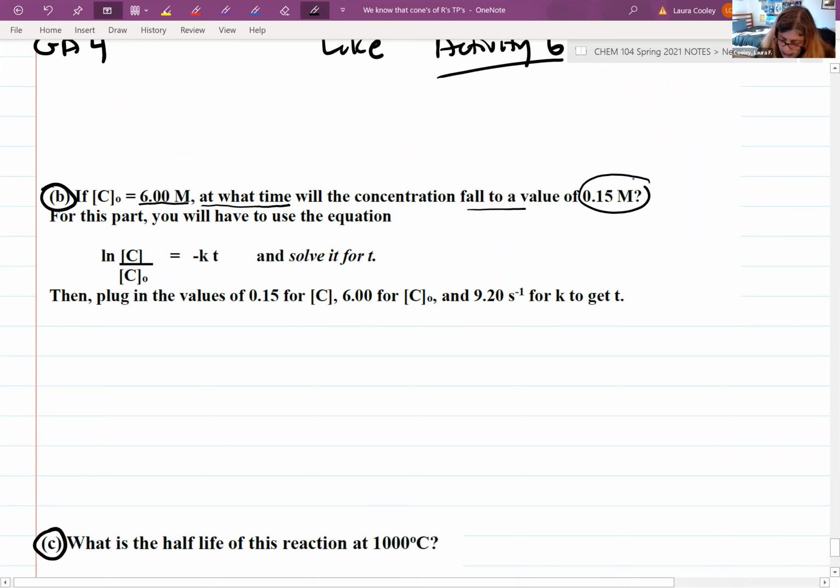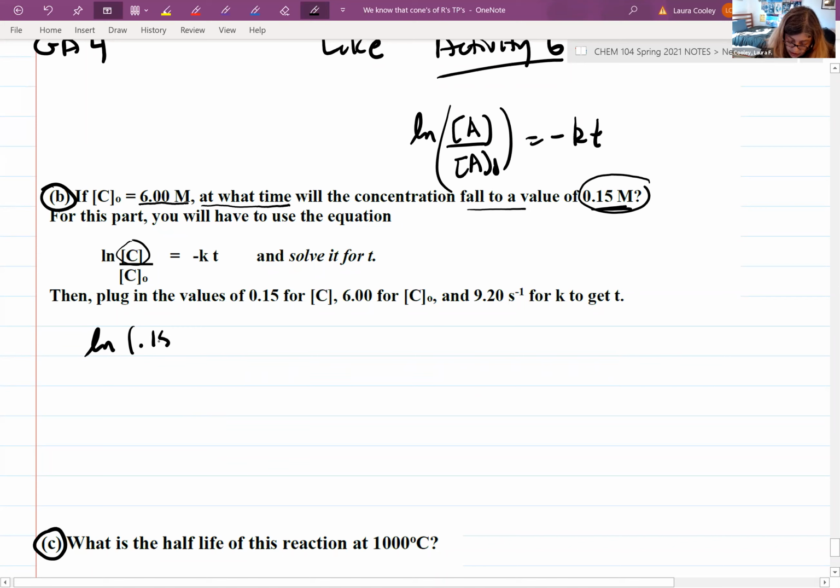Okay, so when we have an example like this, this is where I use the log of A over A0 is minus kt. In this case, because it's cyclopropane, it's the same equation. I just put a C in it. So what do we do for this? What time to fall to a value of 0.15? That goes in the numerator.